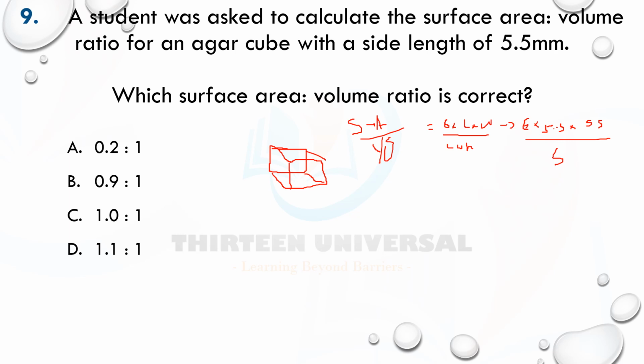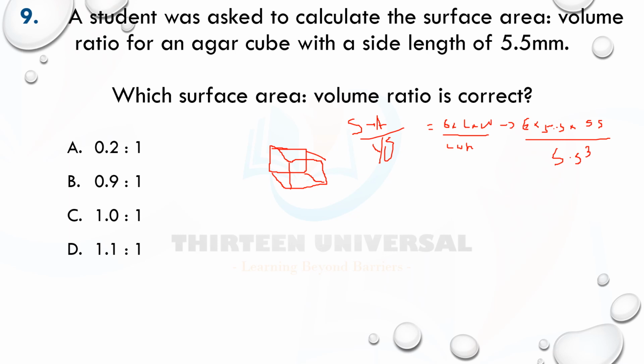That's 5.5 times 5.5. In a cube, that's times itself, because length, width, and height are all the same in a cube. Is that okay? All right, so they're all the same.